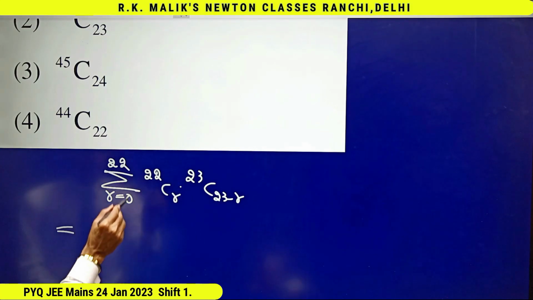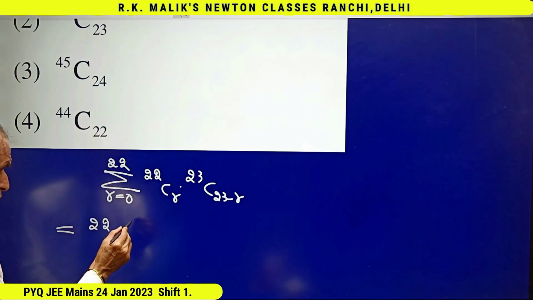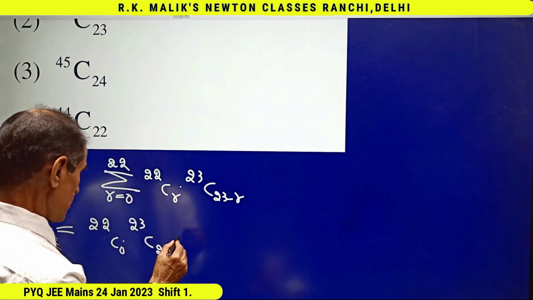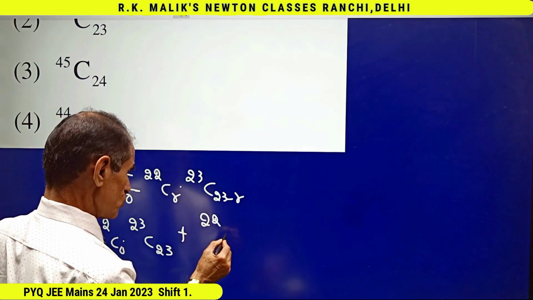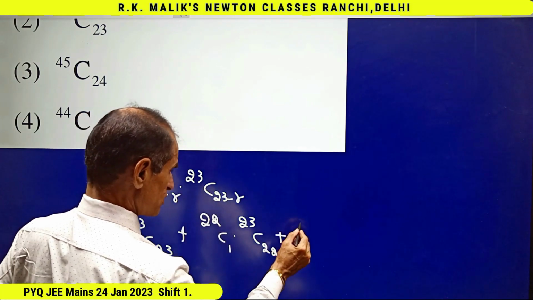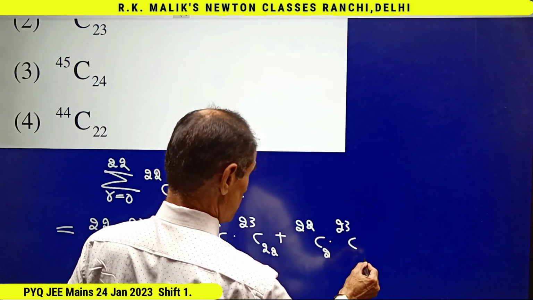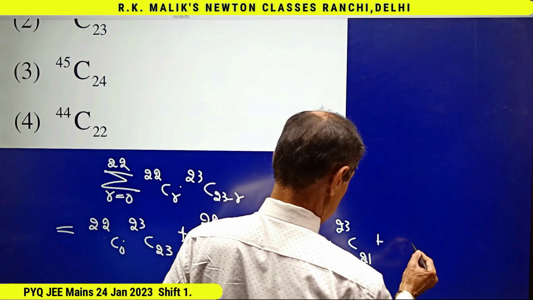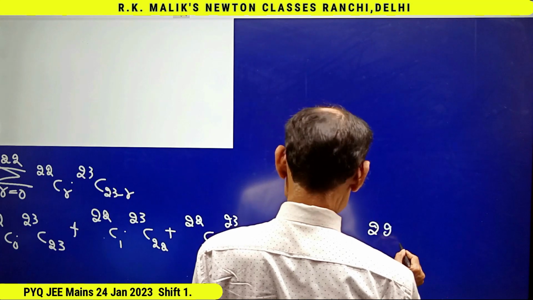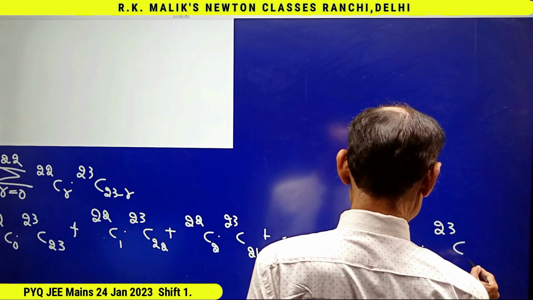That is, if I write it in expanded form, I will be getting 22C0 into 23C23 plus 22C1 into 23C22 plus 22C2 into 23C21, and the last will be 22C22 into 23C1.